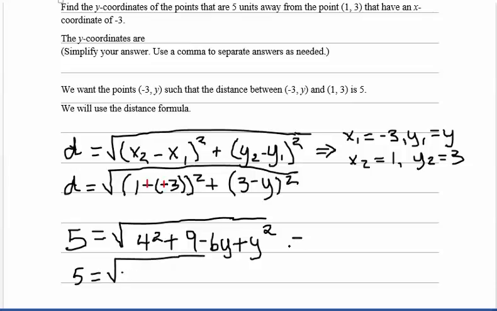Now remember, we wanted this distance to be 5. So we wind up inside the radical with 16 plus 9 minus 6y plus y squared. And if we add 16 and 9, we get 25.